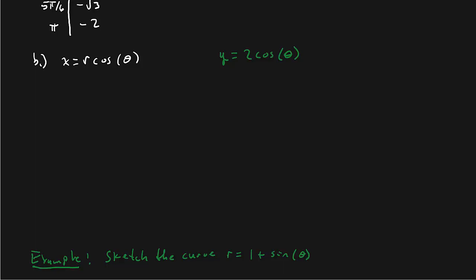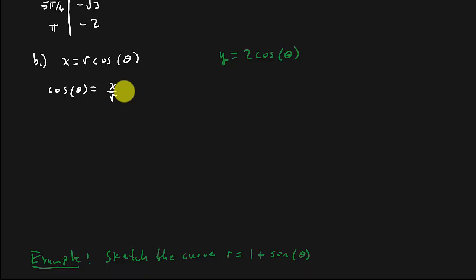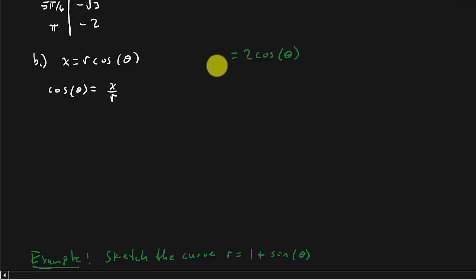All right, so we've got x equals r cosine theta. So that tells me that cosine theta is equal to x over r, right? If I solve for cosine theta. I'm sorry, this right here is not a y, that's r. So what does that tell me?